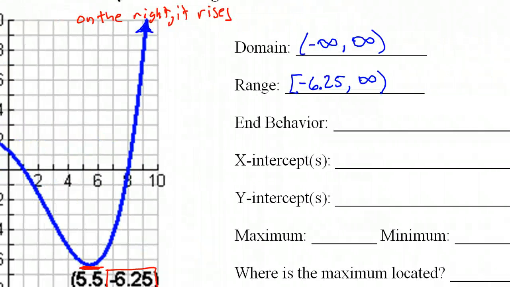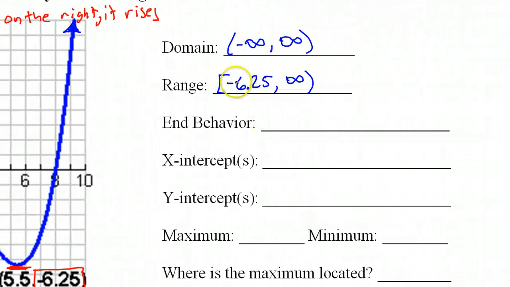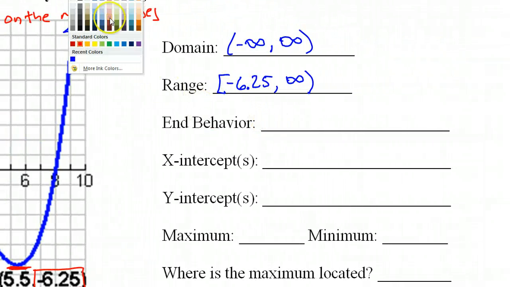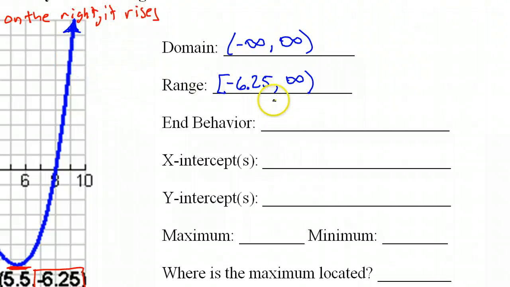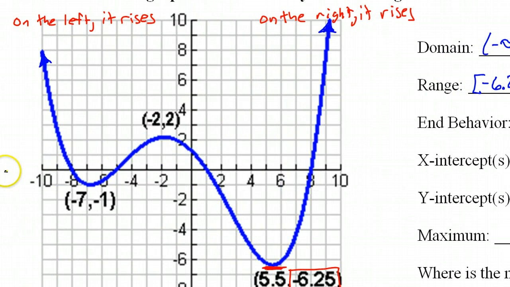Now, the way we say on the left is we say as x approaches negative infinity, and that makes sense, doesn't it? Because negative infinity is over here, it's on the left. So as x approaches negative infinity, that means we're heading to the left.